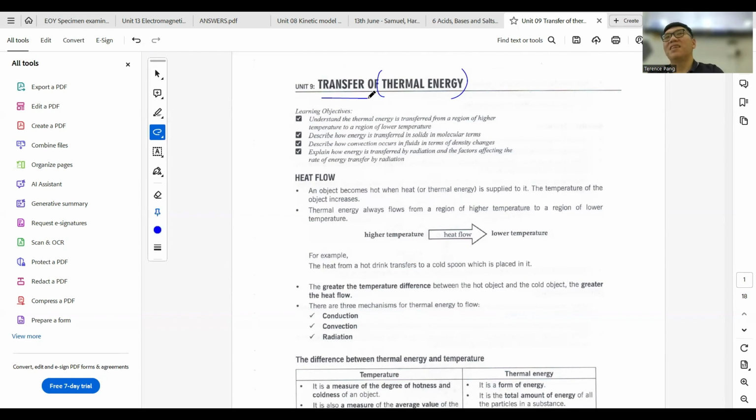Conduction with air. When the air particles touch you, come into contact with you, what happens? You lose heat from your body to the air.